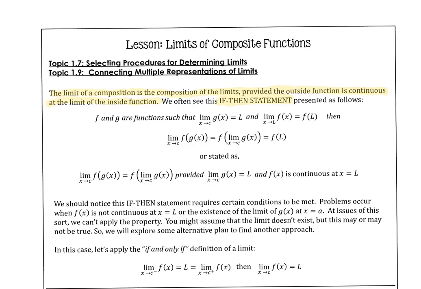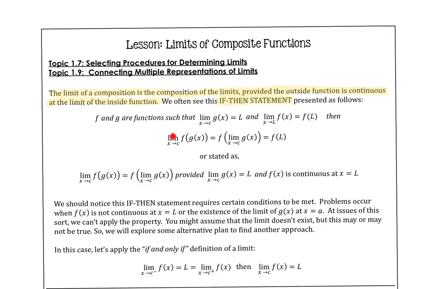That's where trouble comes. So f and g are functions where the limit at some target number c on our function is going to a real number, and the limit as our x value approaches that real number on the f of x, or the outside function, has to actually be the function value at that real number.